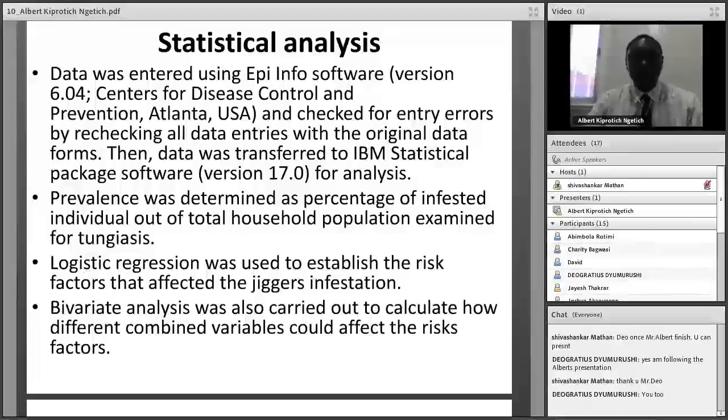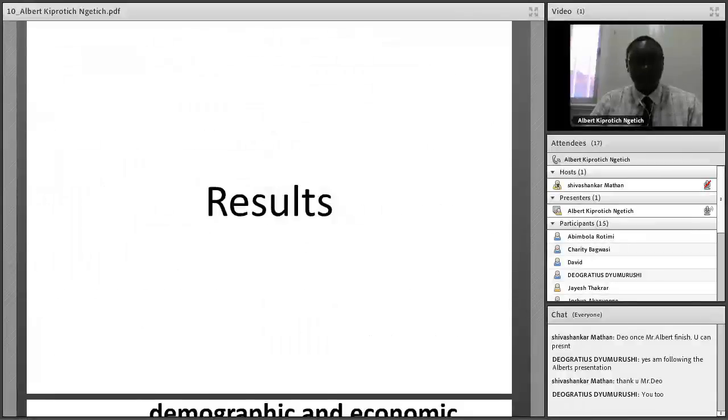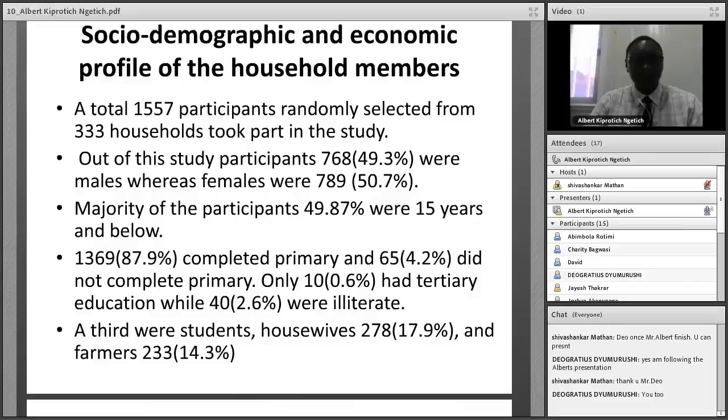Under the results, out of these, 768 were males and females were 789. The majority of the participants were 15 years and below, which is 49.87%. On education, 1369 completed primary education, 65 did not complete, only 10 had tertiary education, while 40 were illiterate.